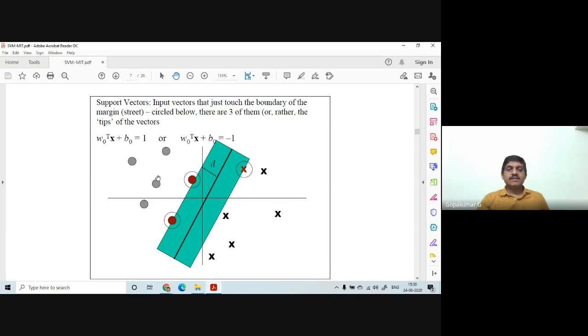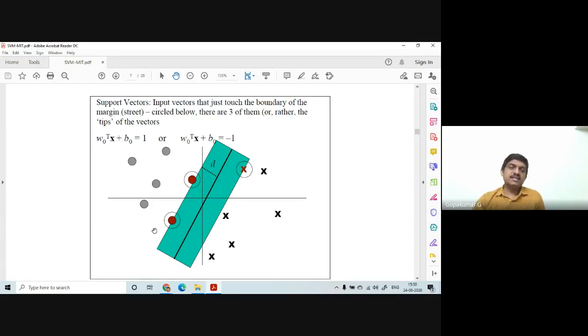They can be represented as W0 transpose x plus b0 equal to 1. The same equation, the only thing is the format is different. Again, W transpose x plus b is equal to minus 1. So one is going through plus 1 and another one is minus 1. They are the two parallel lines that determine this black line, which is the decision surface, a hyperplane.